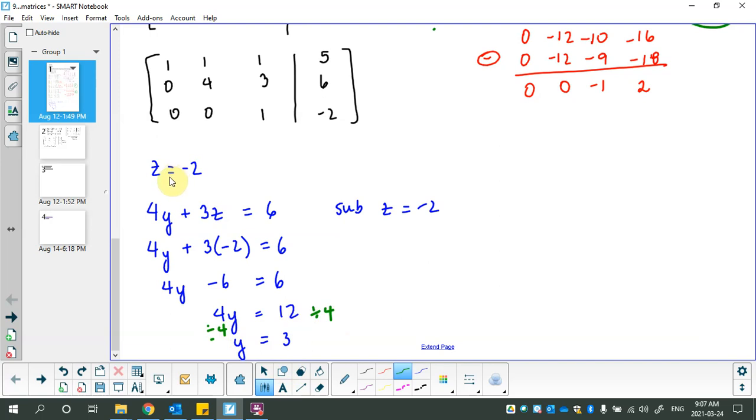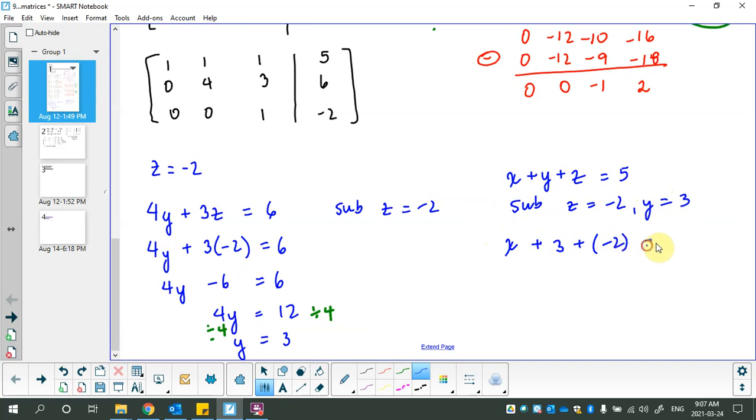So now I've got my z coordinate and my y coordinate, and I can backtrack even further. 1x plus 1y plus 1z is equal to 5, my row 1. And I can sub z is equal to -2 and y is equal to 3. So x plus 3 plus -2 equals 5. x plus 1 is equal to 5. So x is equal to 4.